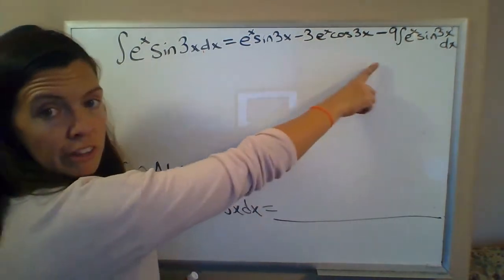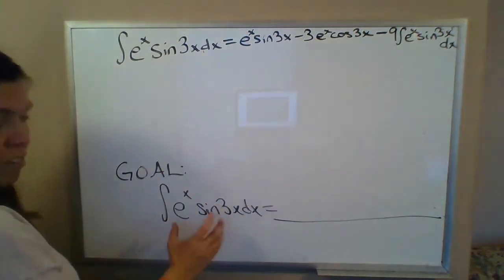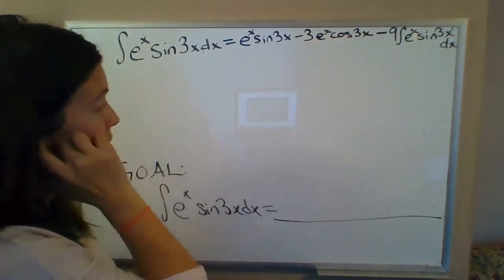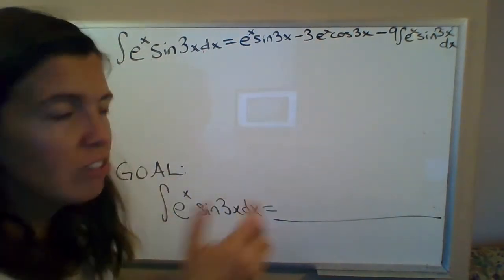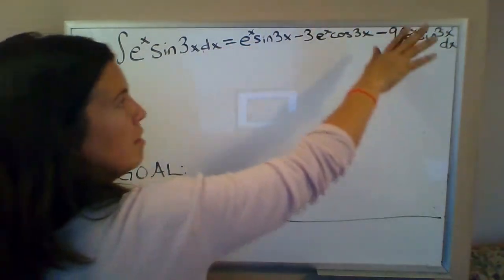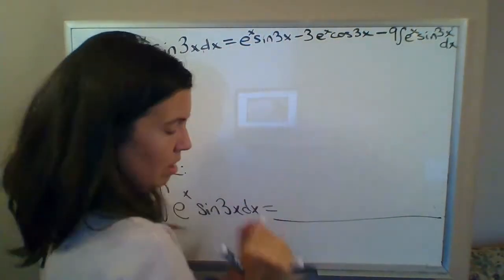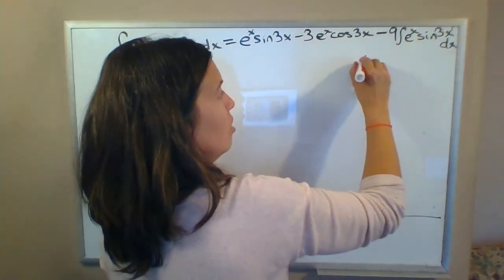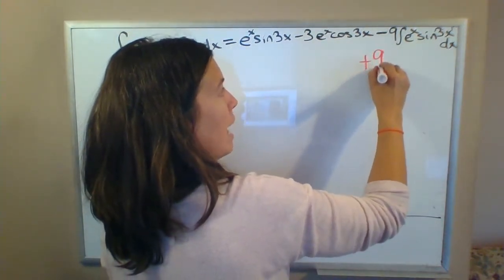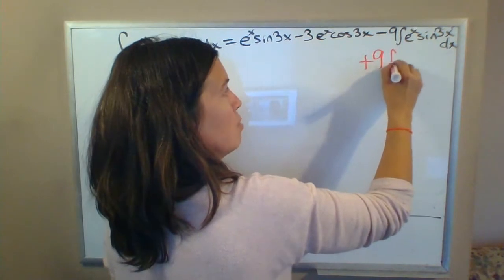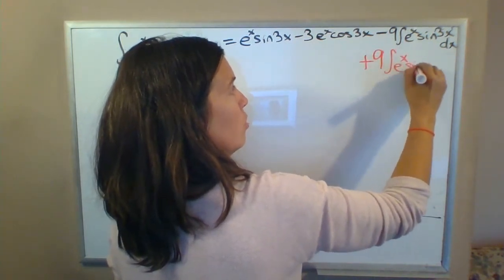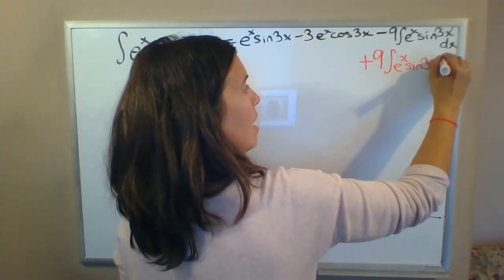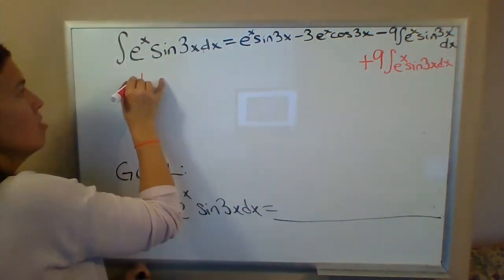We can solve this equation for the integral of e to the x sine of 3x as if we were solving for an x. Suppose this was x equals all of this stuff minus 9x. What you would do then is add 9x to both sides. So in this case, we're going to add 9 times this original integral to both sides of this equation.